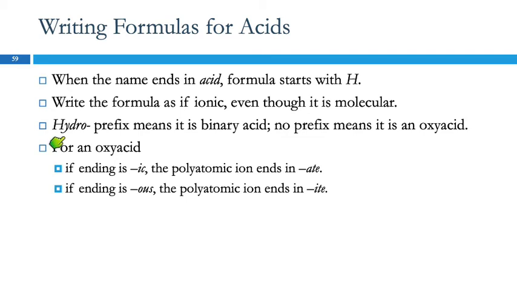If you have the hydro prefix at the beginning, that means you have hydrogen and another element. You don't need any prefix. There's no prefix for the oxyacids. And so then here's the ic and the ate, the us and the ite.